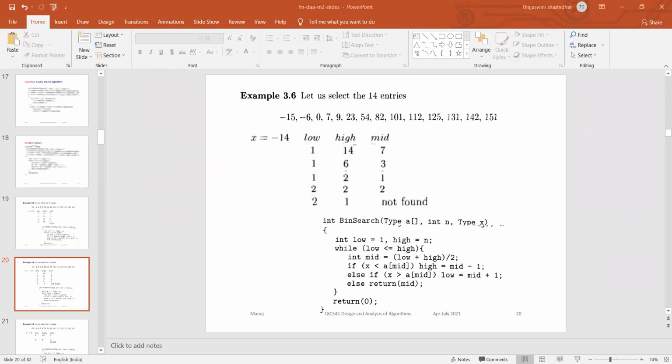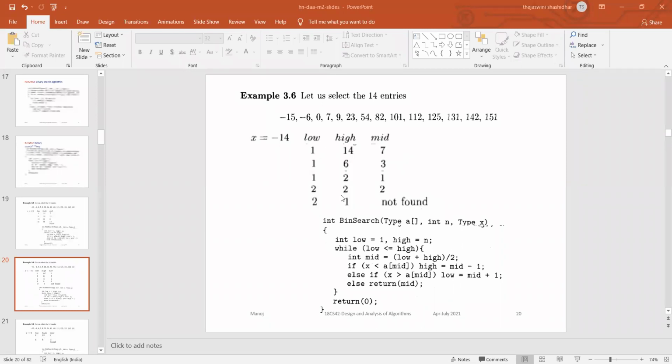No. So at that time it comes outside the loop, and that's why you get not found.